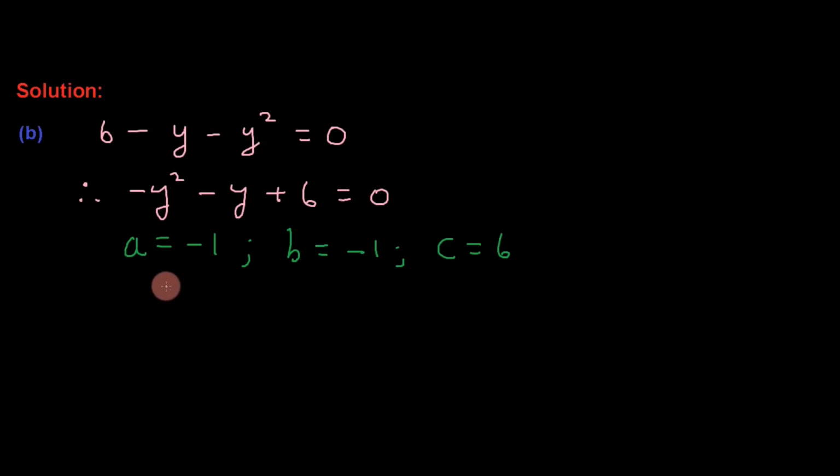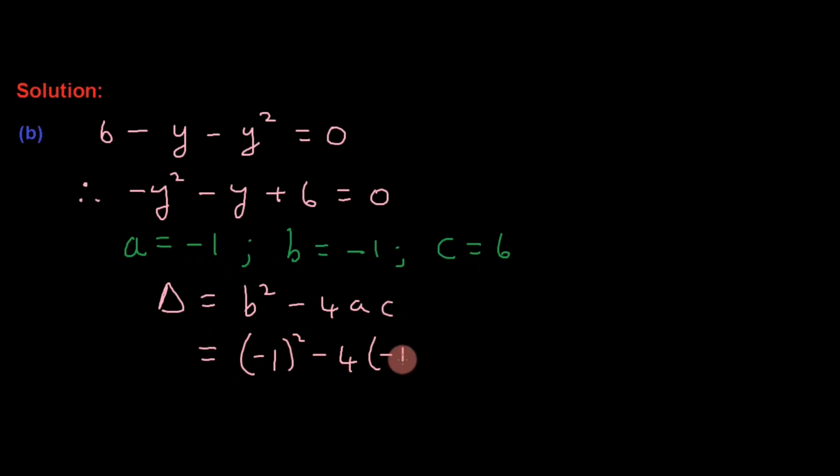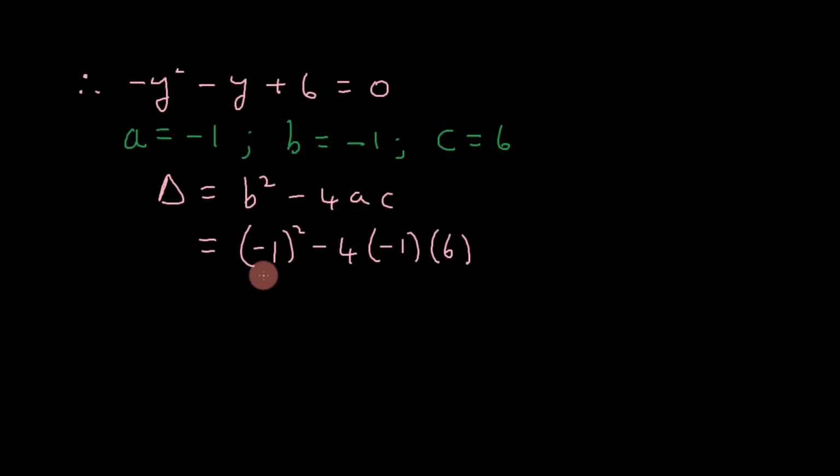Now we can find delta, so substituting these values into the equation of delta. And on a calculator, this comes to 25. So we can see that delta is greater than 0 and a perfect square.